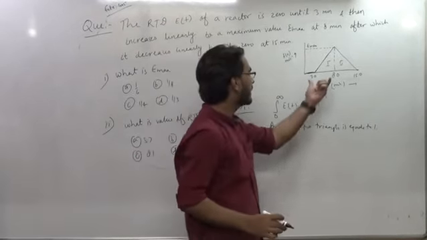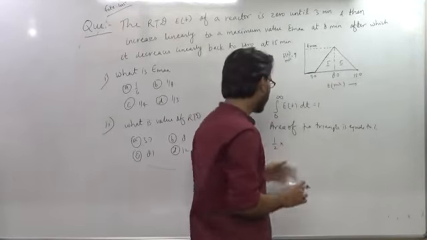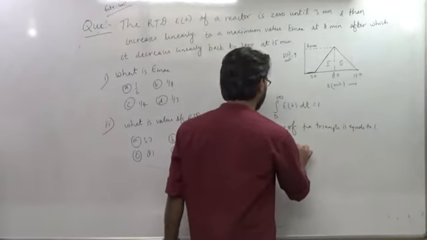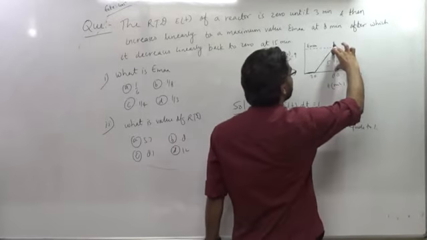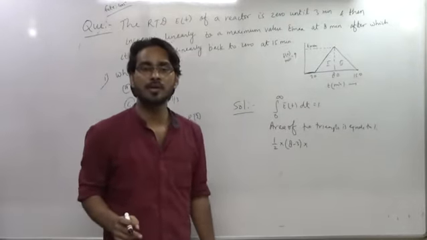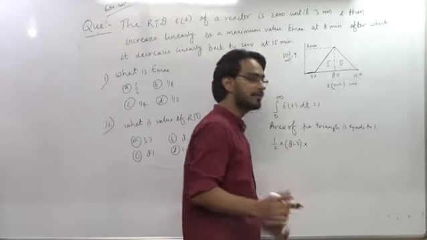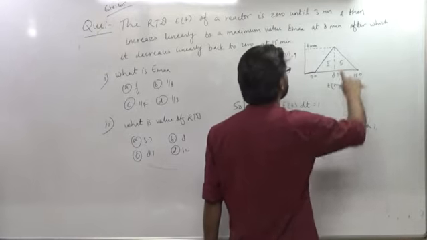The base is 8 minus 3, and the height is Emax, since we have to find Emax. This is for this triangle.